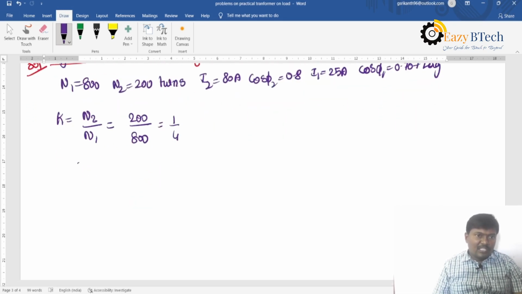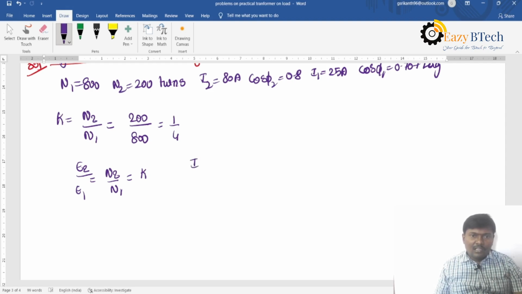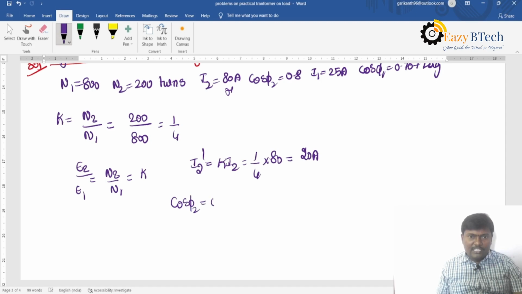So E2 by E1 is equal to N2 by N1 is equal to K, and I2 dash is equal to K times I2, that is 1 by 4 times the secondary current 80 amperes, that should be equal to 20 amperes, and the cos phi 2 is 0.8 lagging and the phi 2 should be equal to 36.86 degrees.